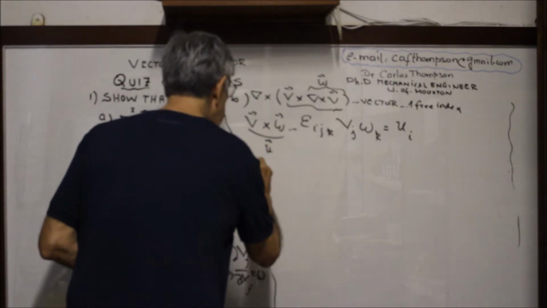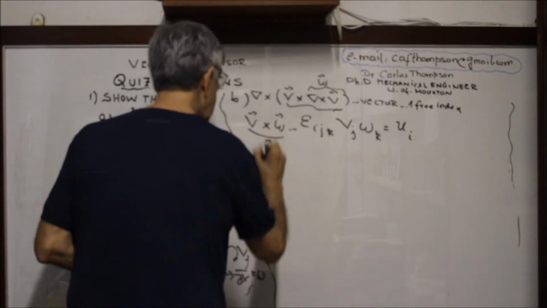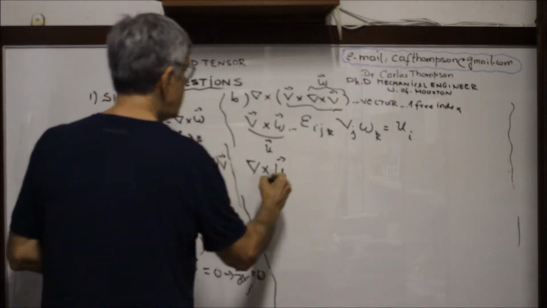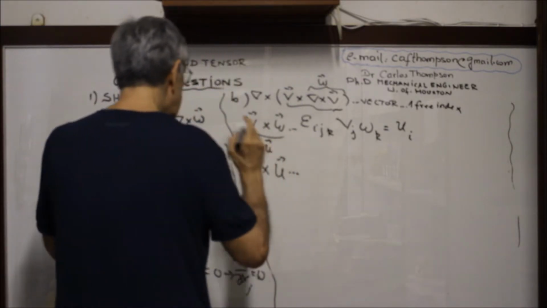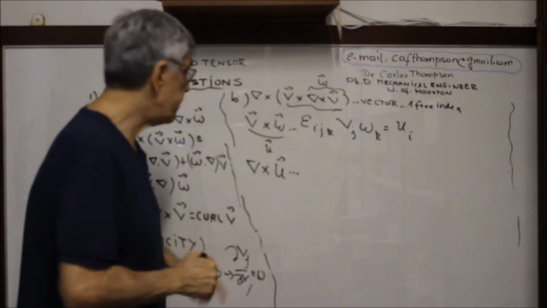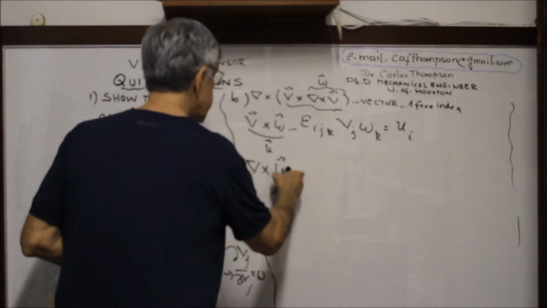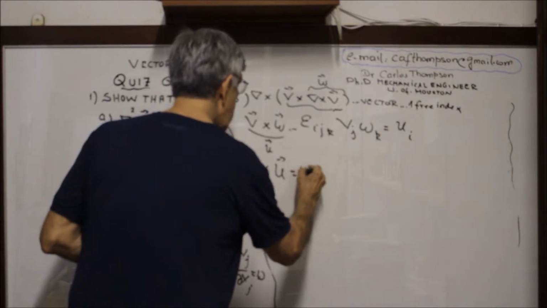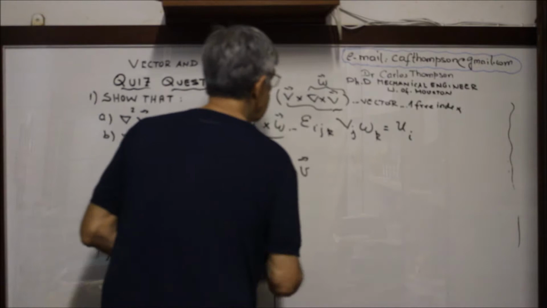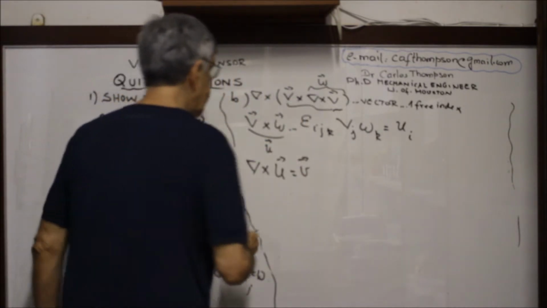Now, I want to find the curl of U, always using different letters from the ones we put there. So let's call it a small v, because capital V is there.